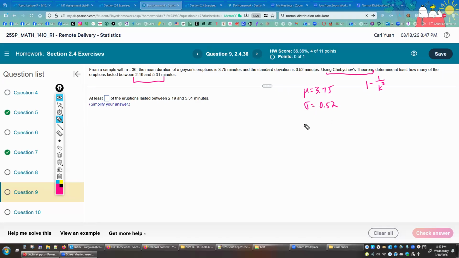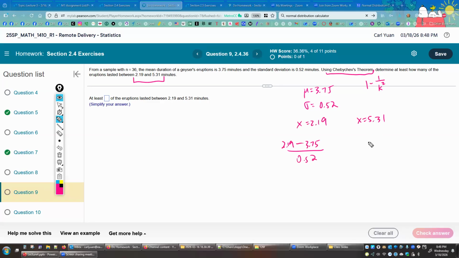Okay, so we have x equals 2.19 and then x equals 5.31. We have to see how many units of standard deviation it is from the mean. The way we would do it is 2.19 minus 3.75 divided by 0.52.